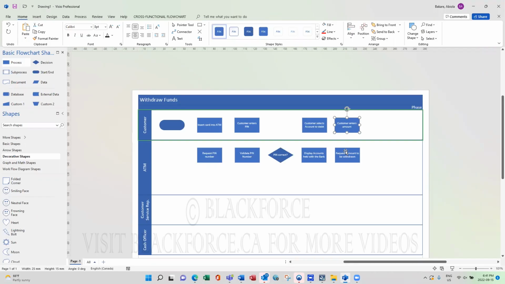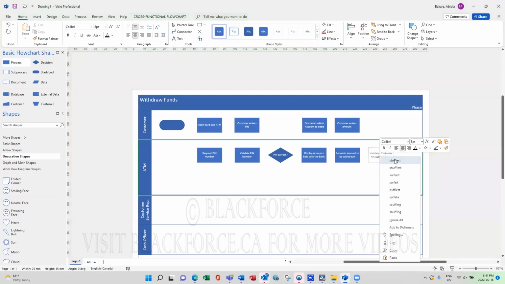It should confirm if you have the money first. So after customer enters amount, good point. Yes. ATM validates customer has sufficient funds. Okay, so sufficient funds.